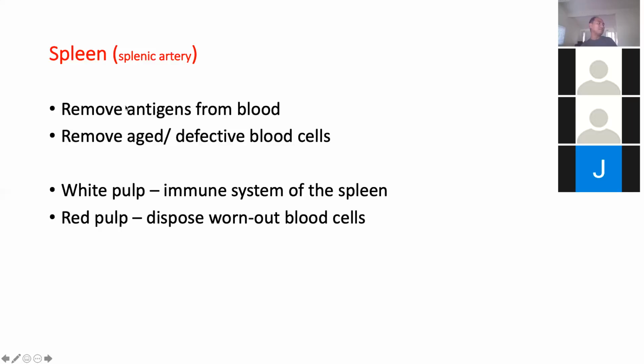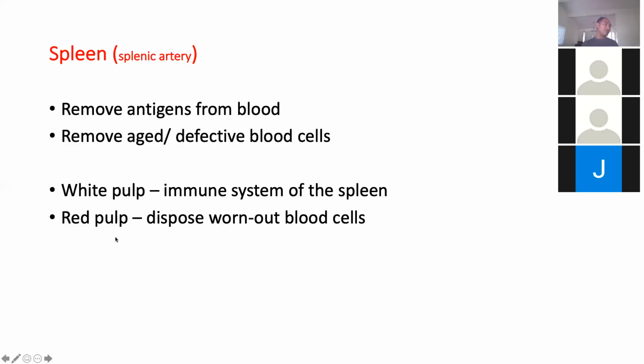The job of the spleen is to remove antigens from the blood and remove aged RBCs. One RBC lasts about 120 days roughly. So if they are 110 days old, or damaged or defective RBCs, the spleen will clean them up. The spleen has a white part and a red part.